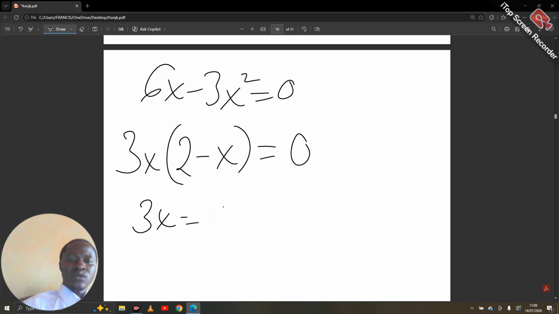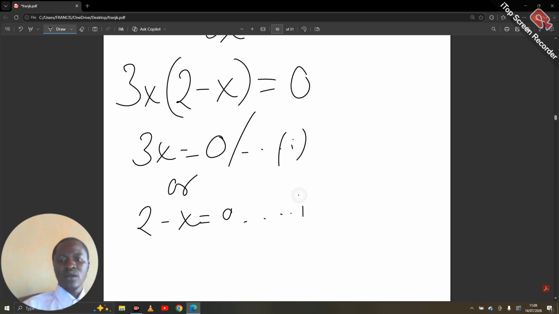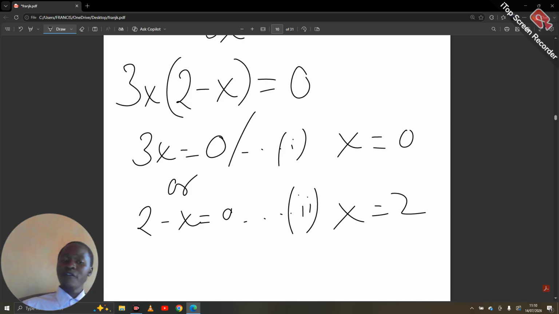Now we have 3x equals 0 or 2 minus x equals 0. Solving the first part, our x will be 0. Solving the second, our x will be 2.